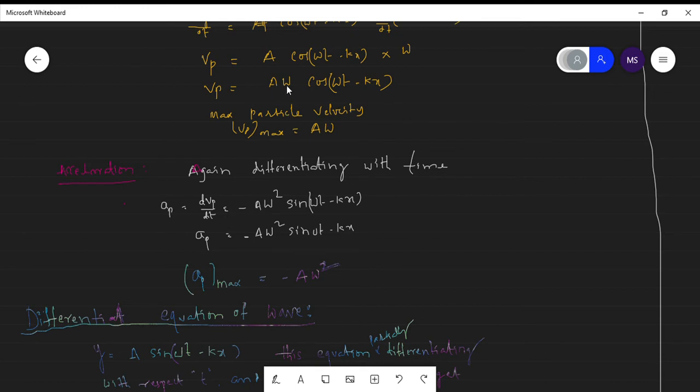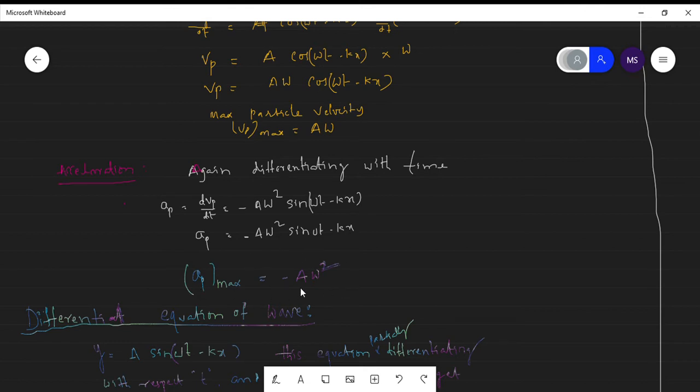Here a omega is already there. The derivative of cos theta is minus sine of (omega t minus kx), and again d by dt of the internal function omega t minus kx is omega. So we get a omega into omega, which is minus a omega square sine of (omega t minus kx). This is the acceleration value.